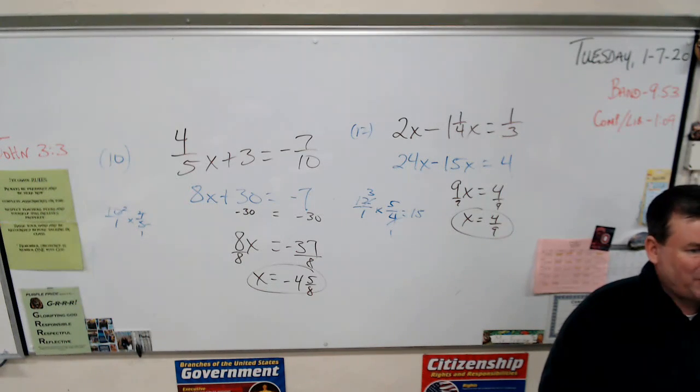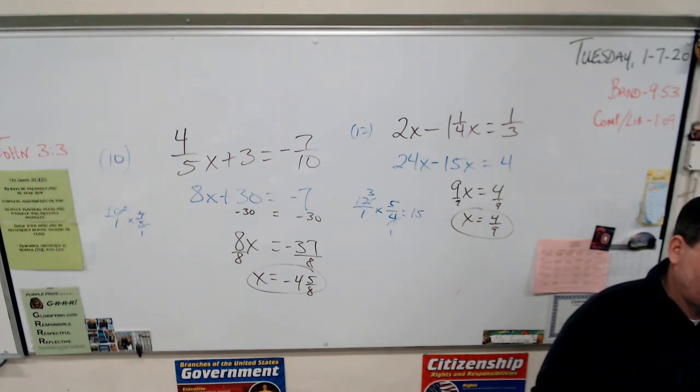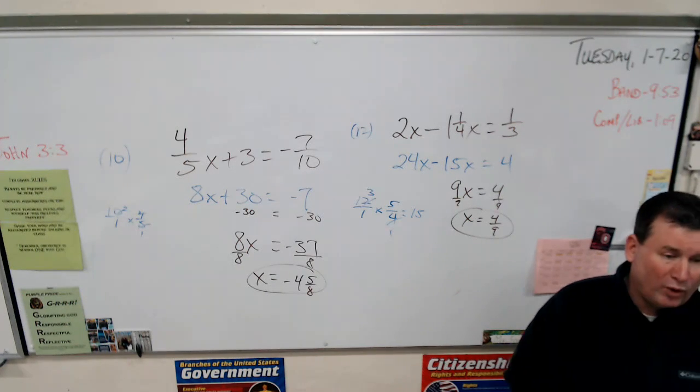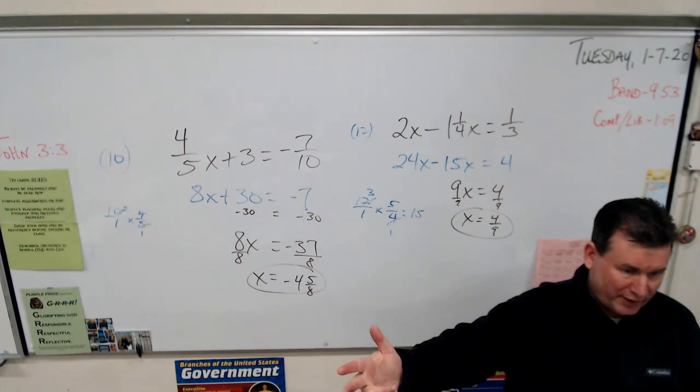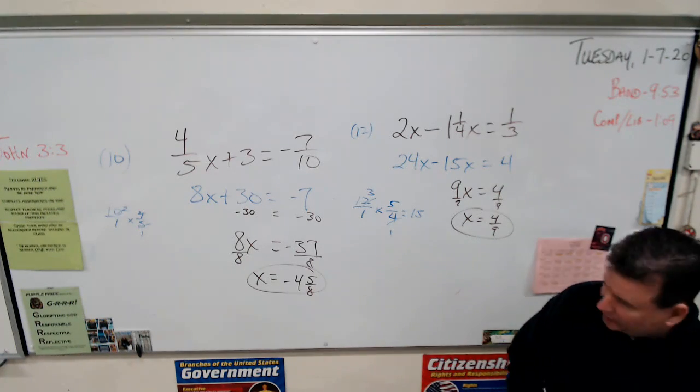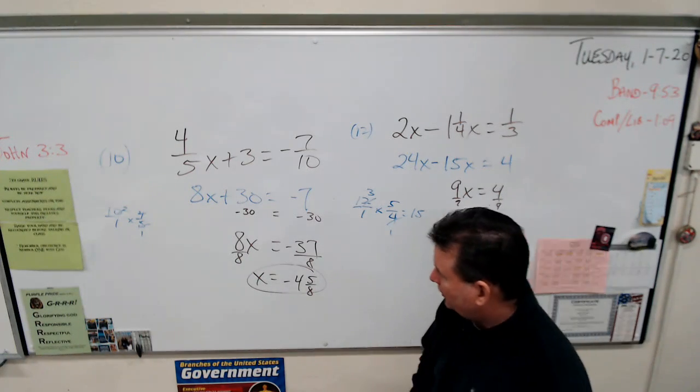By multiplying by the least, I make it a little simpler. Dominic, 24. Right? 8, 16, 24, 6, 12, 18, 24. So I'm going to multiply everything in number 7 by 24.